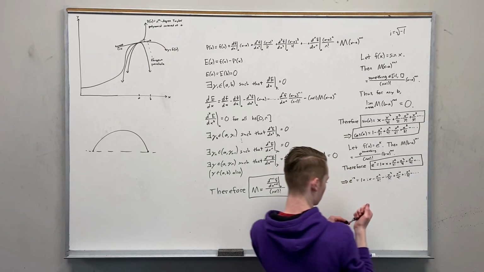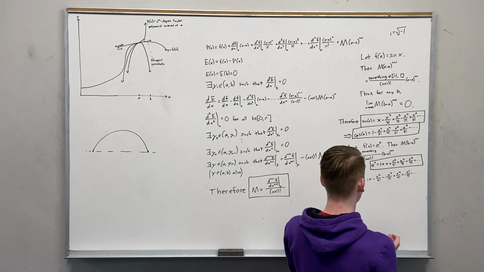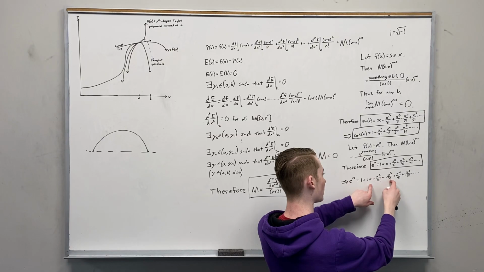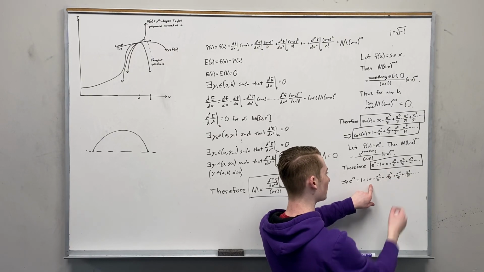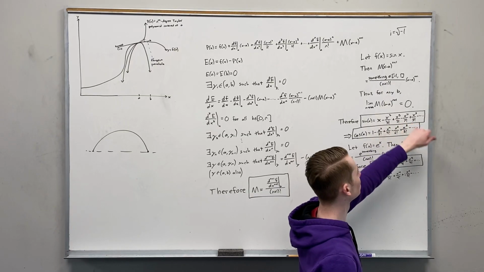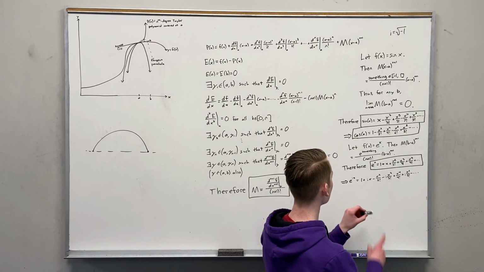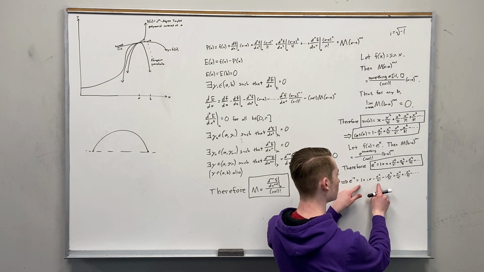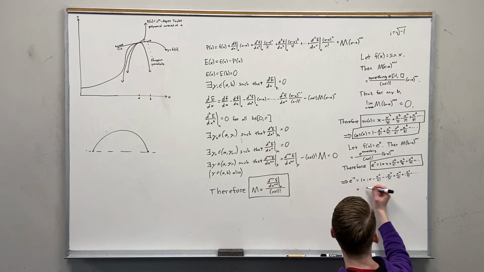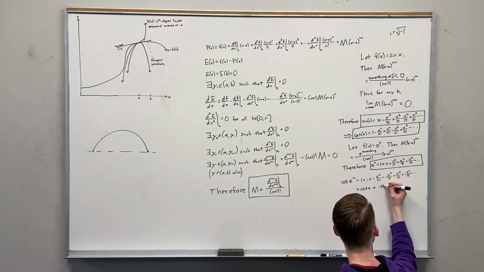But now notice, we've got i times x. We've got negative i times x cubed over 3 factorial. Positive i times x to the 5th over 5 factorial. That's looking a lot like this multiplied by i. We've got 1 minus x squared over 2 factorial plus x to the 4th over 4 factorial. That's looking like this. So you know what this is? This is cosine x plus i times sine of x.